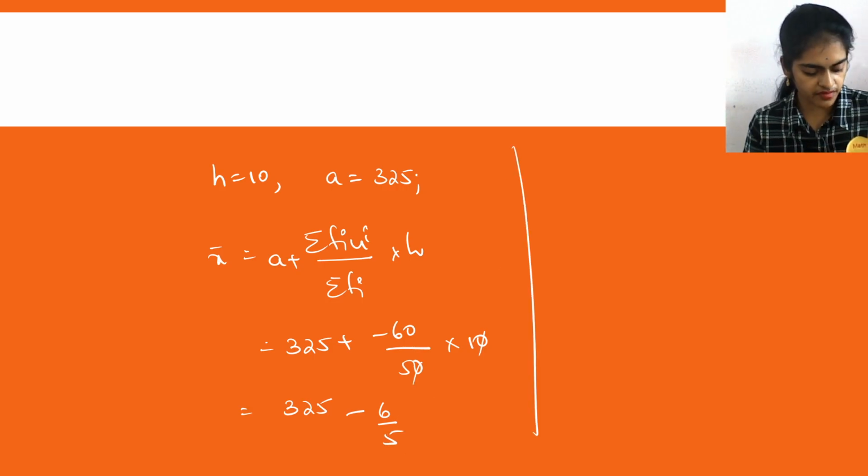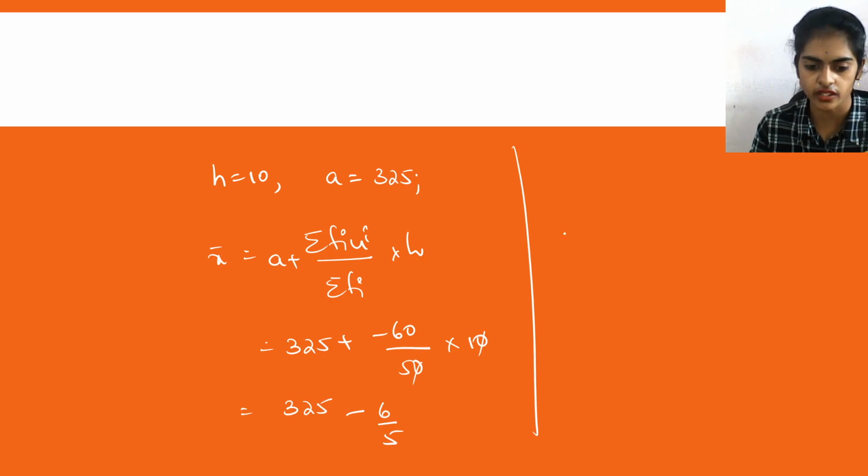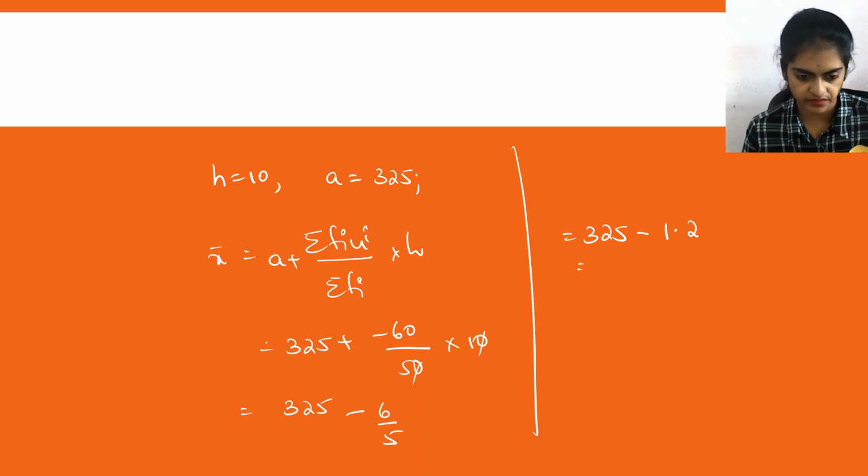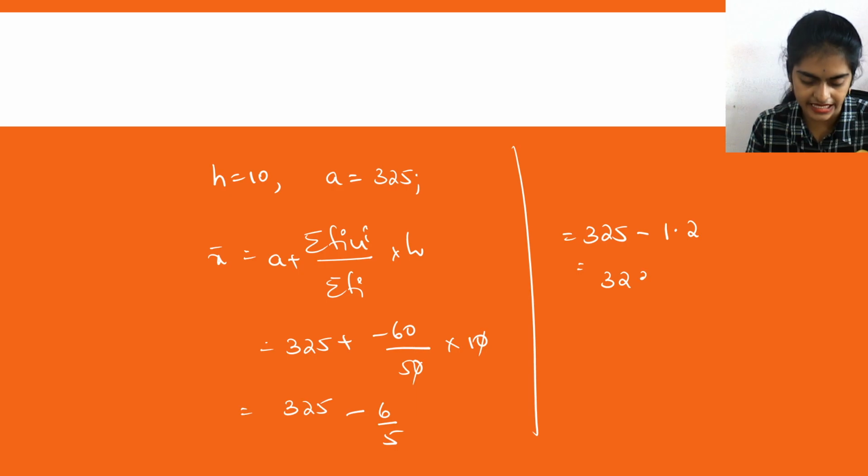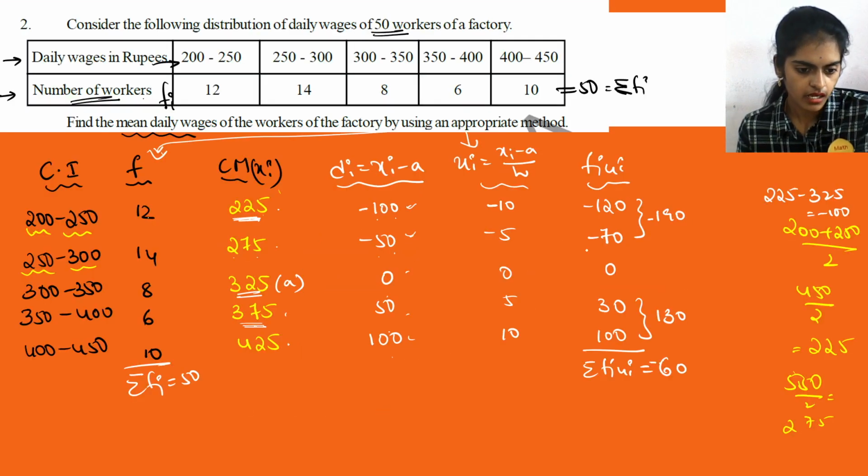So 325 minus 6 divided by 5, it is 1.2 I think. So 325 minus 1.2, what value do you get? 323.8 something like that comes.